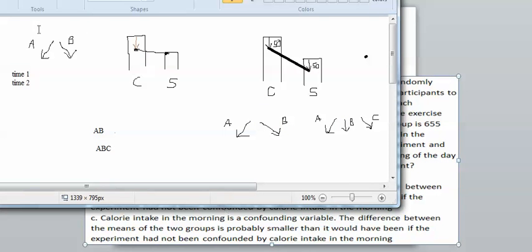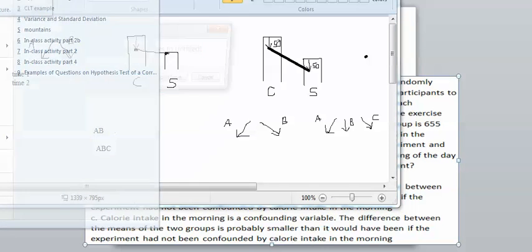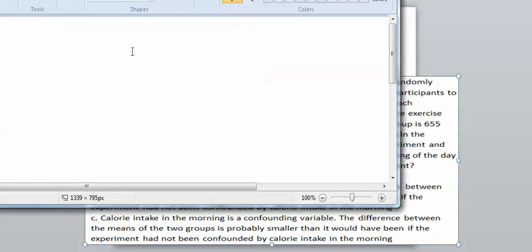Well, what we were predicting is that the exercise group would eat more food than the no exercise group.